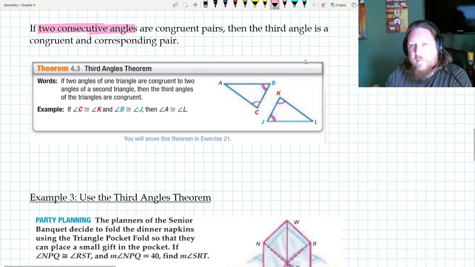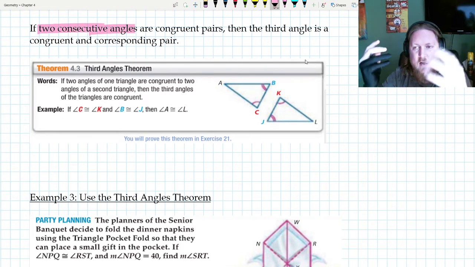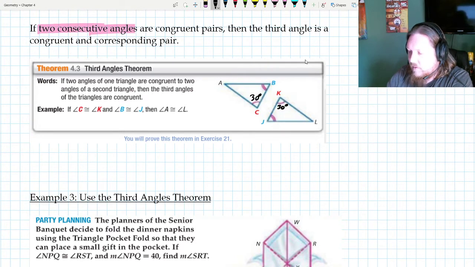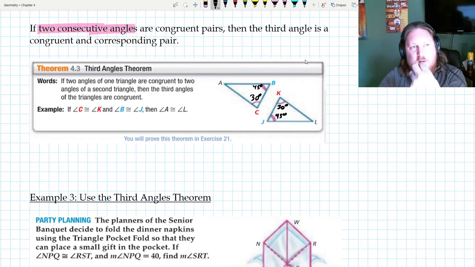If you find two pairs of consecutive angles there, then guess what? You've got yourself a third angle that is going to be congruent. The way to think about it is if this is 30 degrees and this is 30 degrees, and this is 45 degrees and this is 45 degrees, well, guess what? The last angle has to be the same number because the interior sum is always 180.